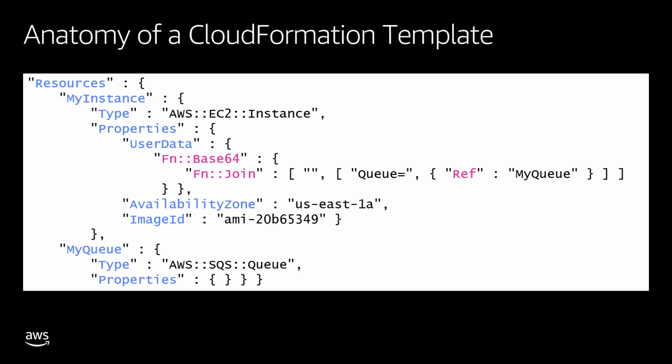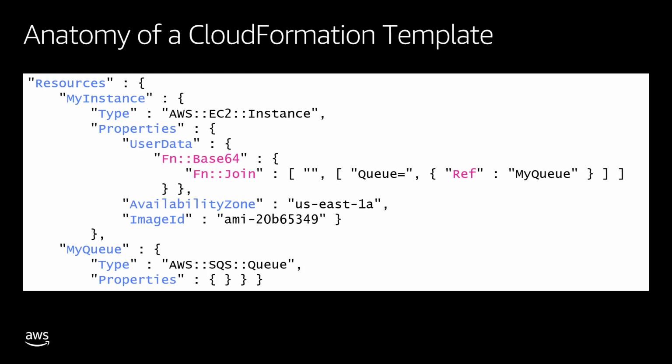For each type of AWS resource, of course, you have a different set of properties that you want to specify. In the case of an EC2 instance, you need to specify what the image ID is, and what the availability zone is that you want to run this instance in. So you can pass them as properties of that resource.